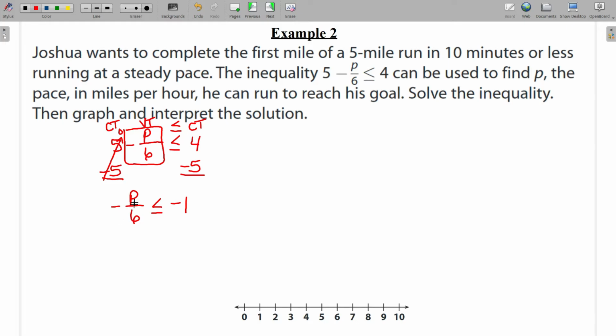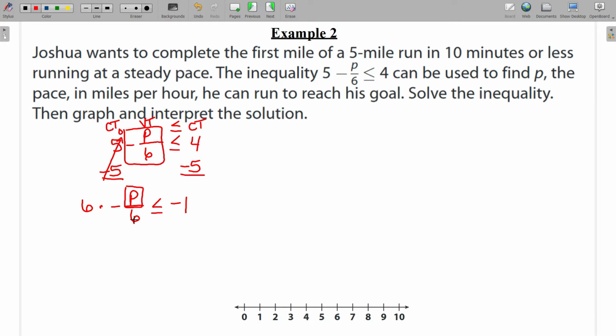Now what I need to do is isolate the variable from the variable term. So I need to get this negative p by itself. In order to do that, I'm going to multiply this term by 6. In doing so, that's going to allow me to get rid of this fraction, cancel out that denominator, and be left with just a negative p.